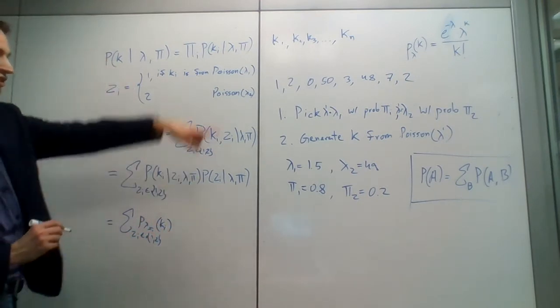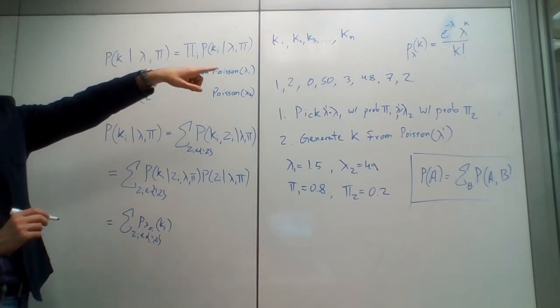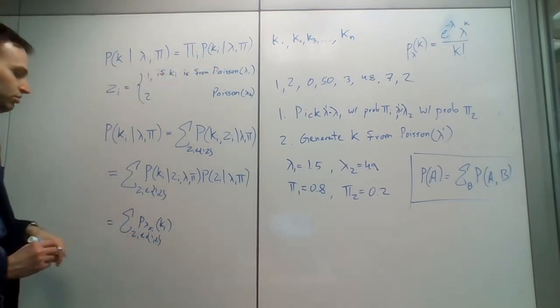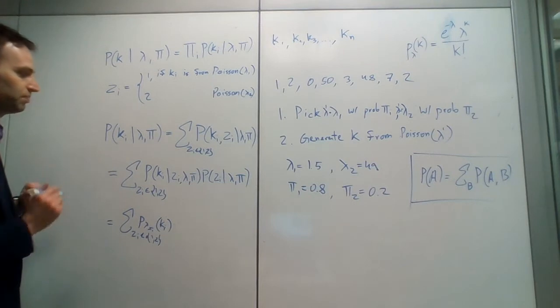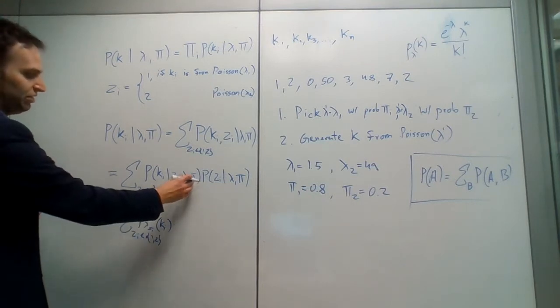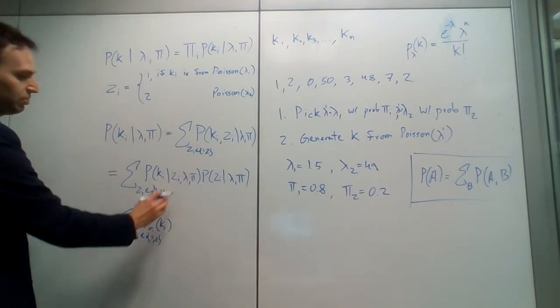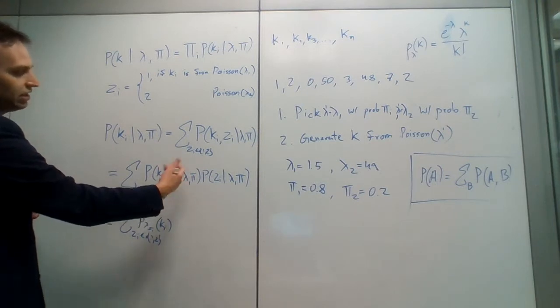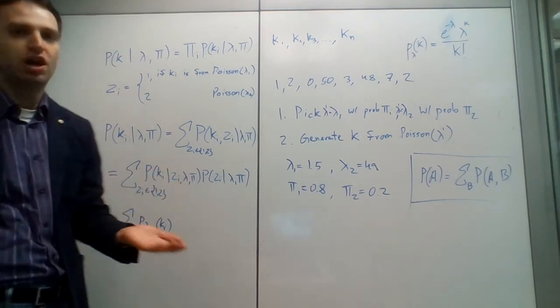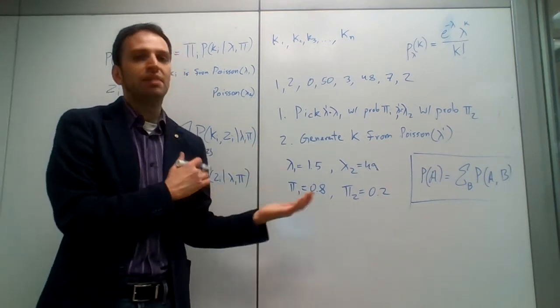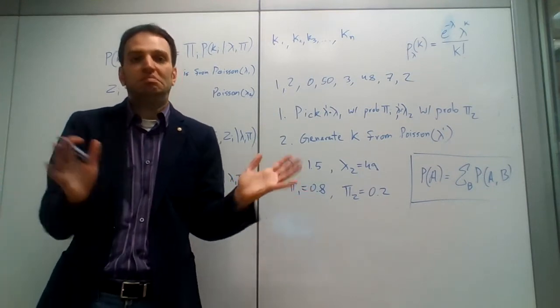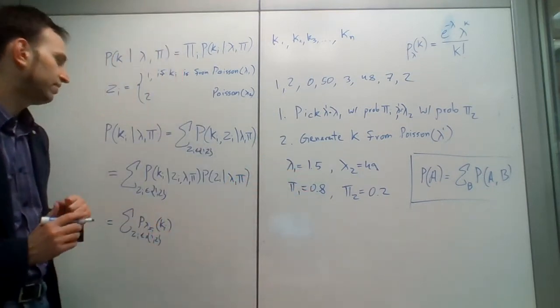So this we just plug into the probability mass function of the Poisson distribution, and we'll get it, okay? We didn't really care about the pi, we didn't use it, because if you know what the zi is, you don't care what the probability was for lambda 1 or lambda 2 being picked, because it was already picked. The zi specifies it.